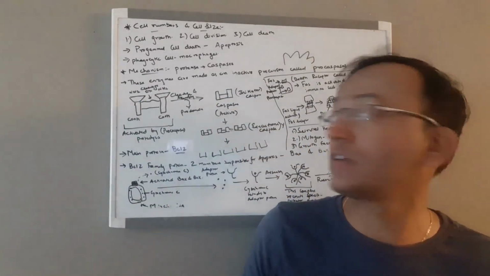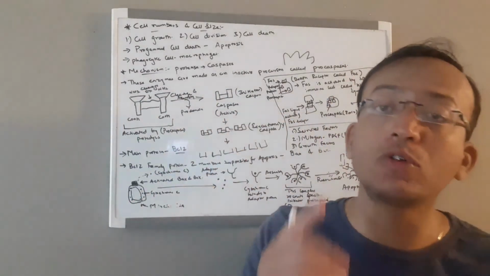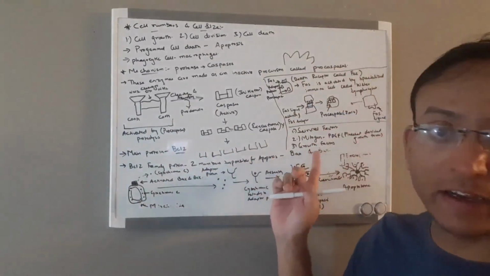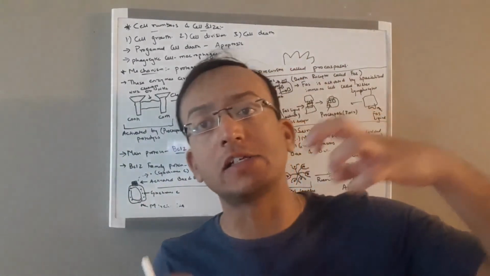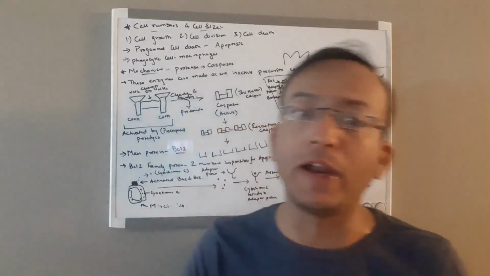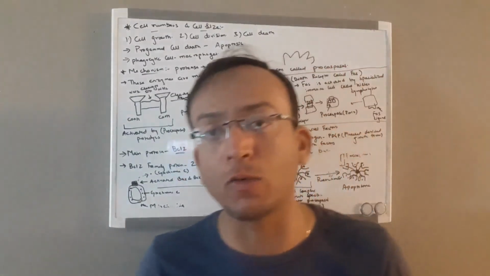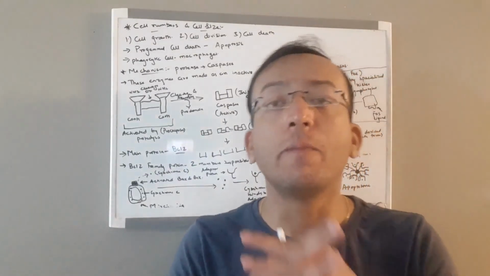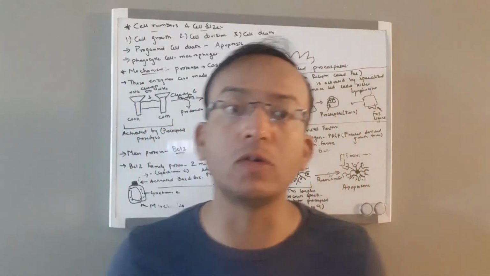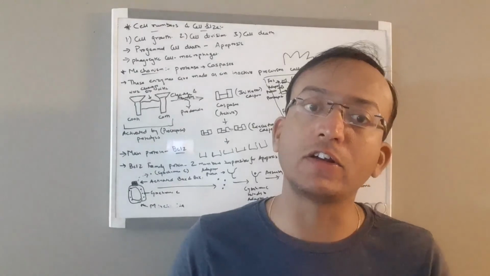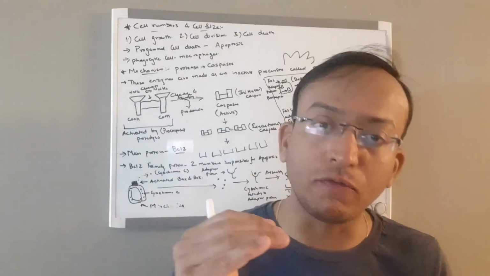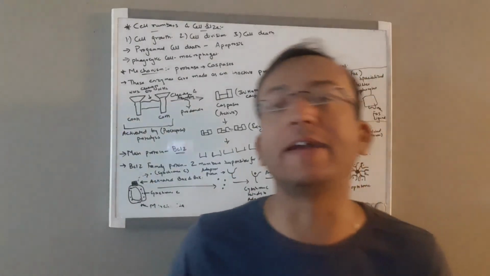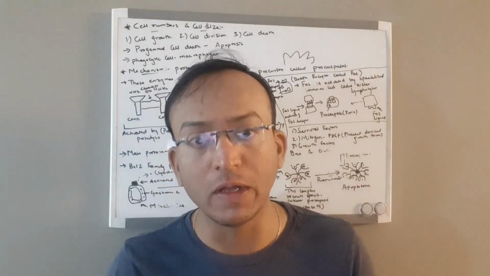So like most survival factors and mitogens, most extracellular growth factors bind to cell surface receptors that activate intracellular signaling pathways, and then these pathways lead to accumulation of proteins and other macromolecules, right? So the growth factors both increase the rate of synthesis of these molecules and decrease the rate of degradation.